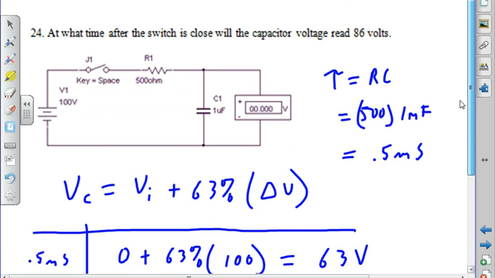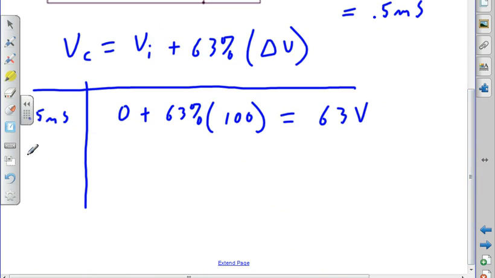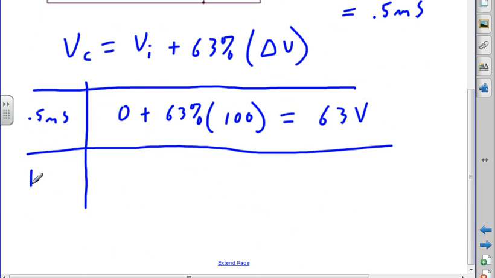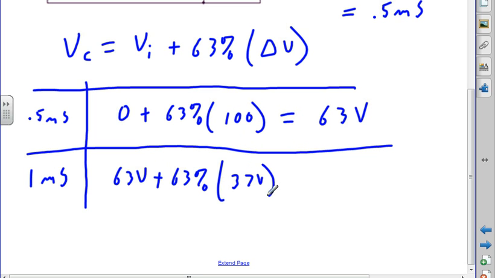I'm looking at going to 86. I'm not there yet. After another time constant, 1 millisecond, I'm going to be at 63 volts plus 63% of the difference. 100 minus 63 is 37 volts.